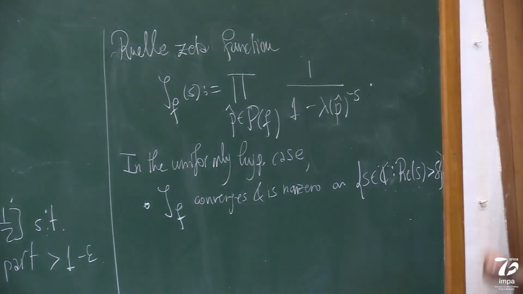Delta, again, is the Hausdorff dimension of the Julia set.